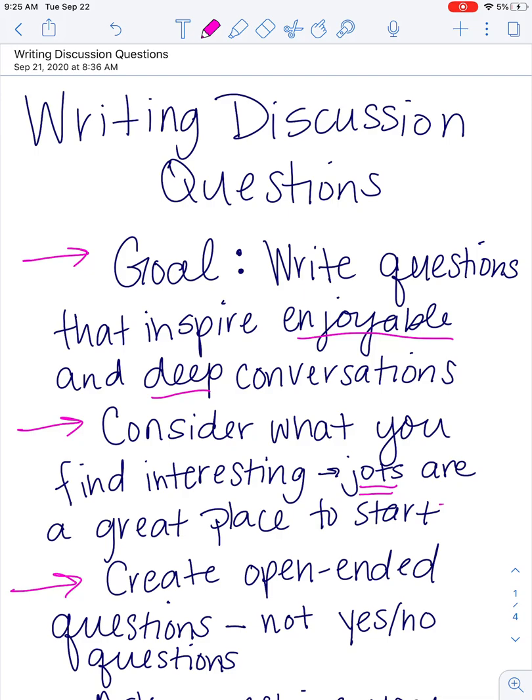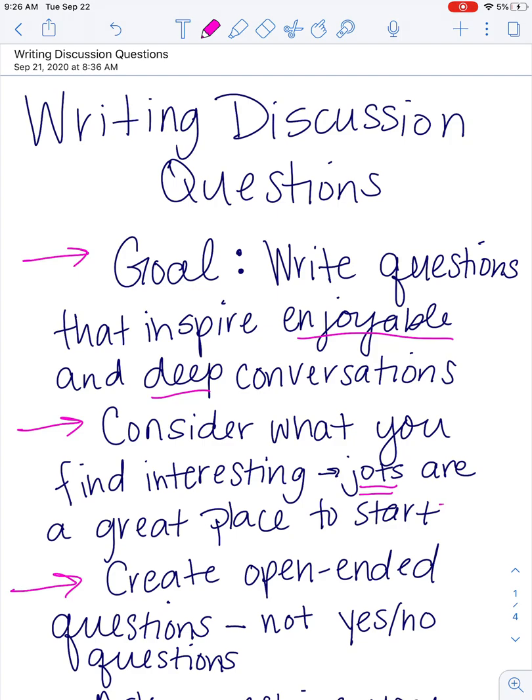All right, the next thing we want to do is we want to create open-ended questions. We want to avoid yes-no questions. So open-ended questions are going to be things people need more words to answer, right? That's going to inspire more conversation than just a yes-no question. If I ask a yes-no question and we all just go around the circle and say yes, no, yes, no, yes, no, that's really boring, right?